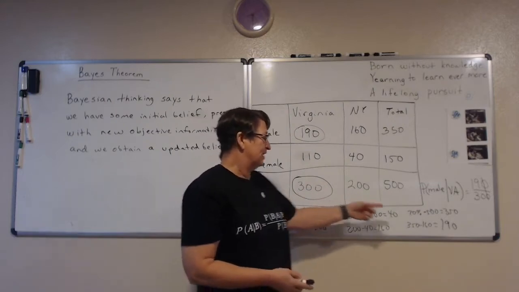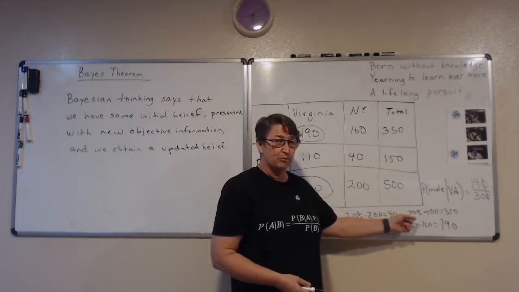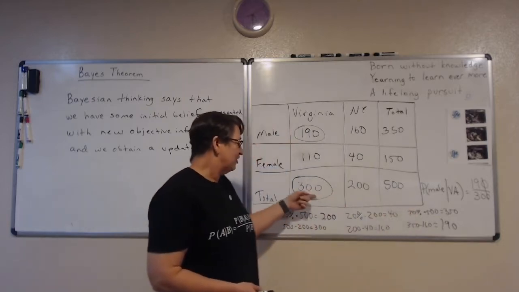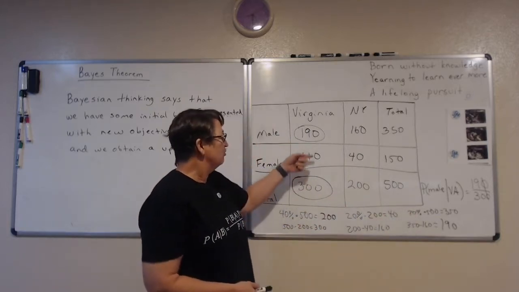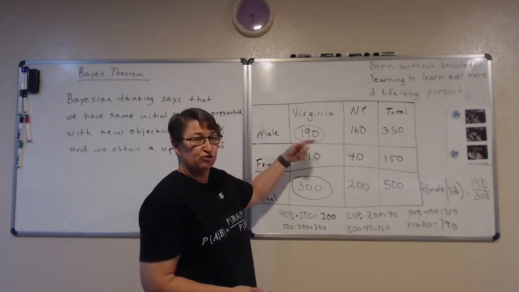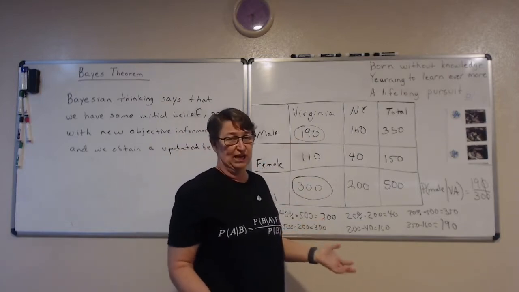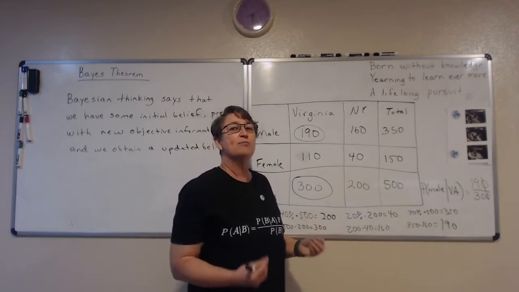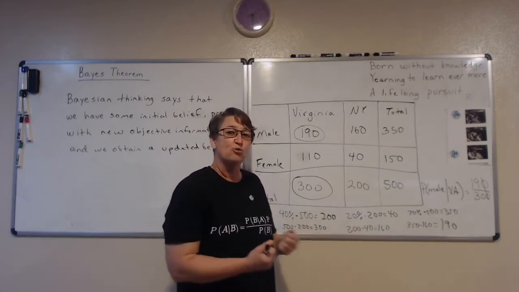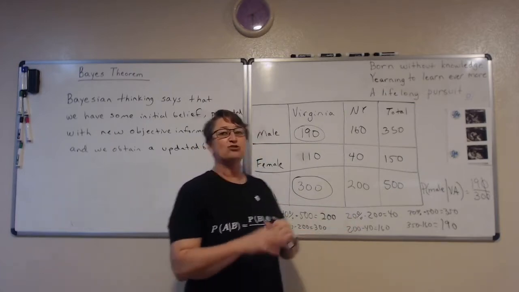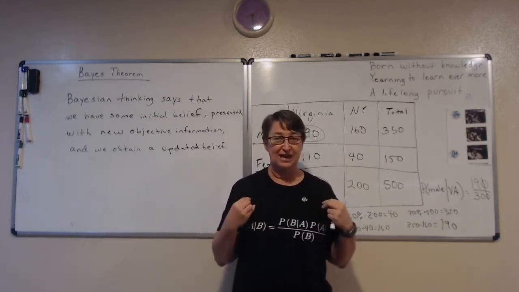The probability they were male was no longer 70%. Since I knew they were for Virginia, I was only looking at the ones from Virginia. So then it was a 63% chance that they were male. That probability changed once I had new information. So that's really all Bayes' theorem says.